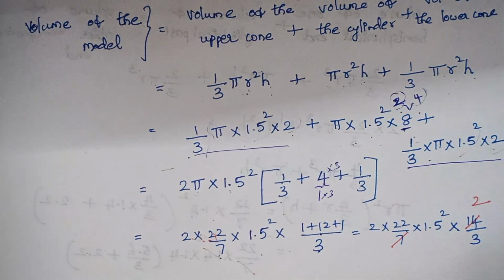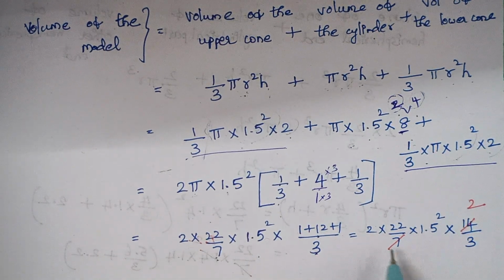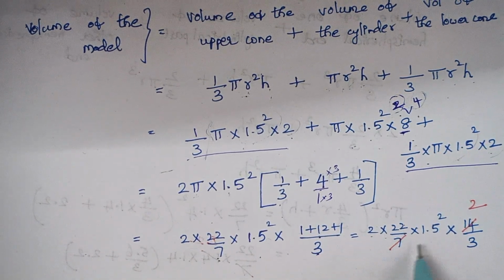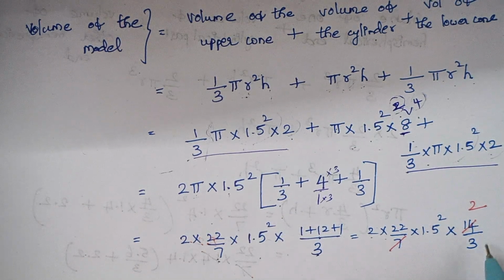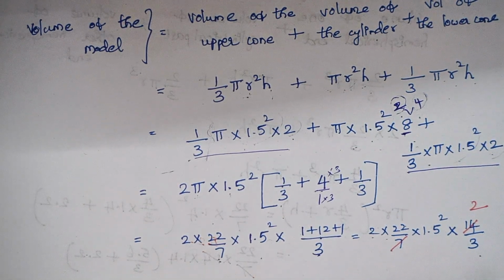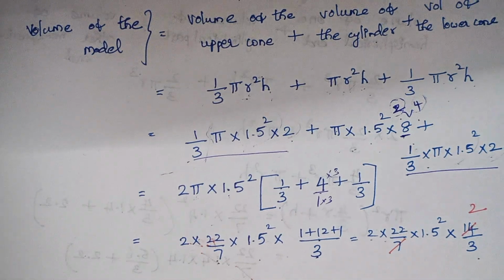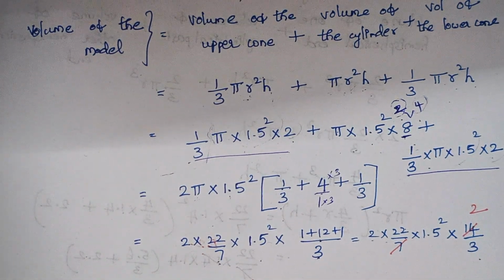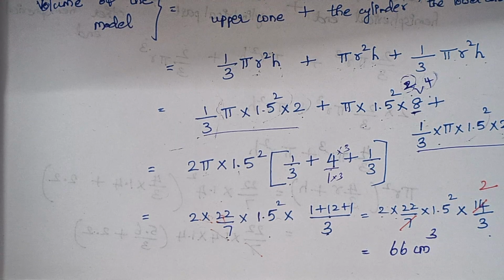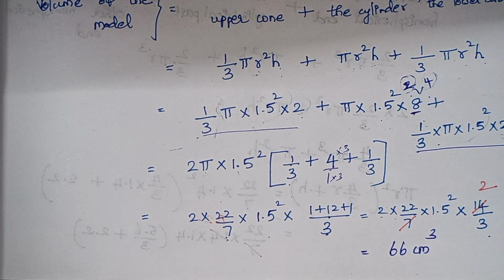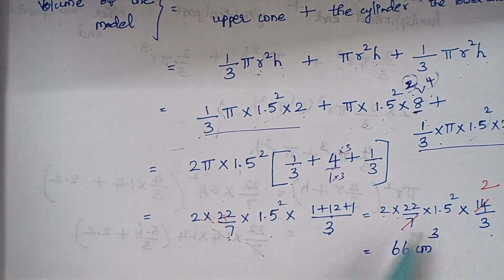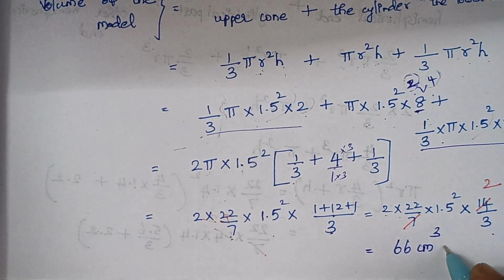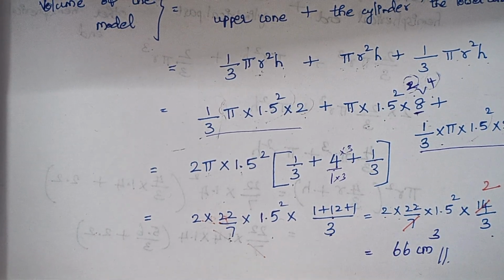Again when you simplify, here we will be having 2 into 22 by 7 into 1.5 square into 14 by 3, and when you cancel the common terms, finally we will be ending up with the answer as 66 centimeter cube. So you solve and simplify, finally our answer is 66 centimeter cube.